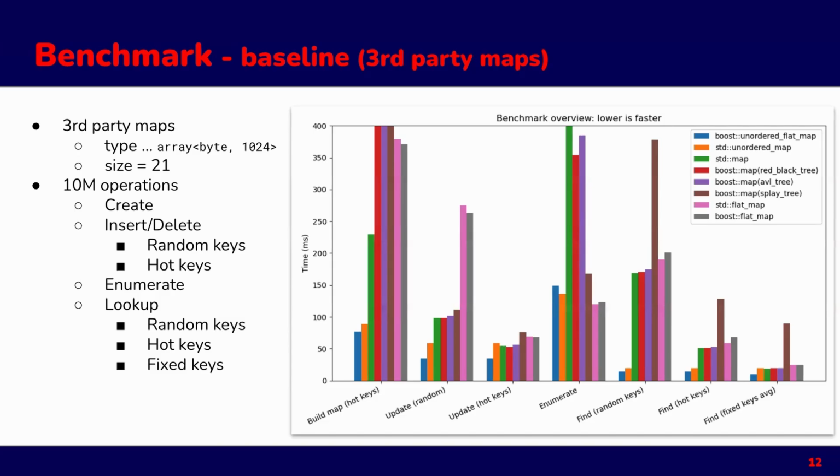But I didn't check it thoroughly. Because I picked the unordered flat map as a baseline and tried to beat it, I basically discarded the rest. There's one more question.